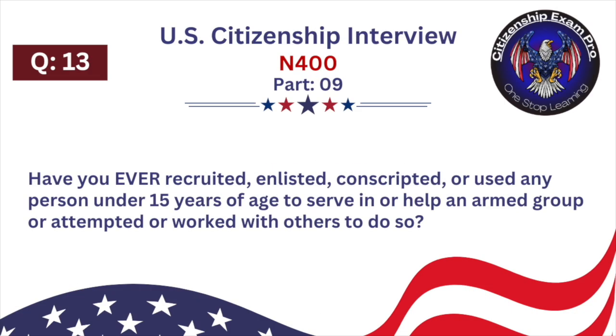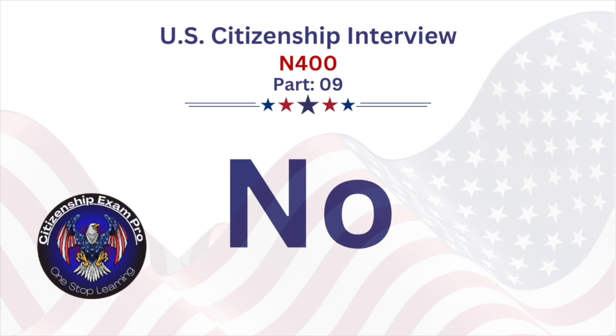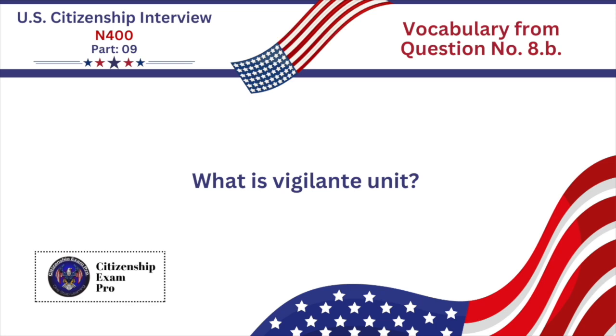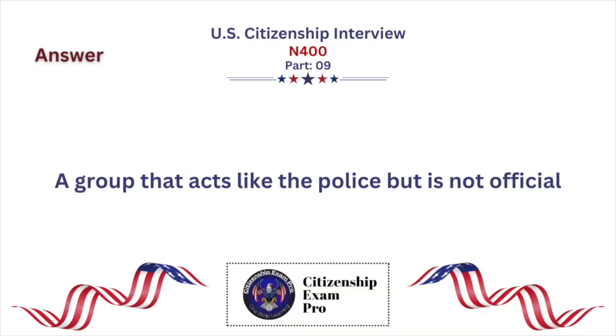Have you ever recruited, enlisted, conscripted, or used any person under 15 years of age to serve in, or help an armed group, or attempted, or worked with others to do so? No. What is vigilante unit? A group that acts like the police, but is not official.